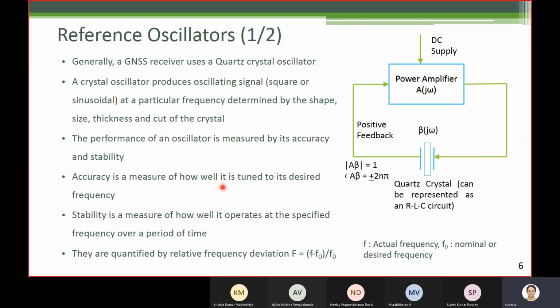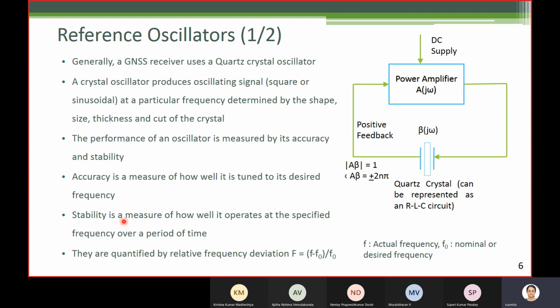Accuracy measures how well it is tuned to the desired frequency. So if its design frequency is 10 megahertz or 1 megahertz, then accuracy would measure how close the actual frequency is to the desired or nominal frequency. Stability measures how well it can operate at the designed or nominal frequency over a period of time.